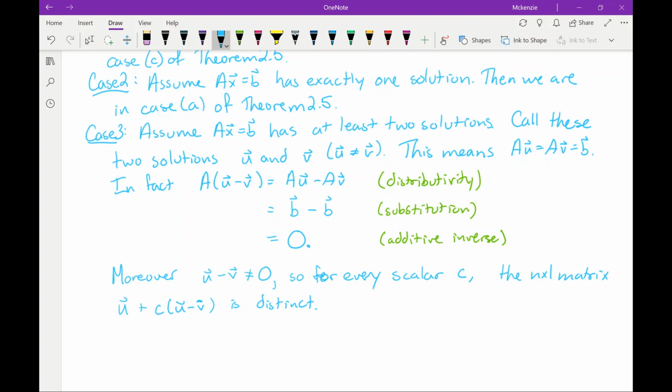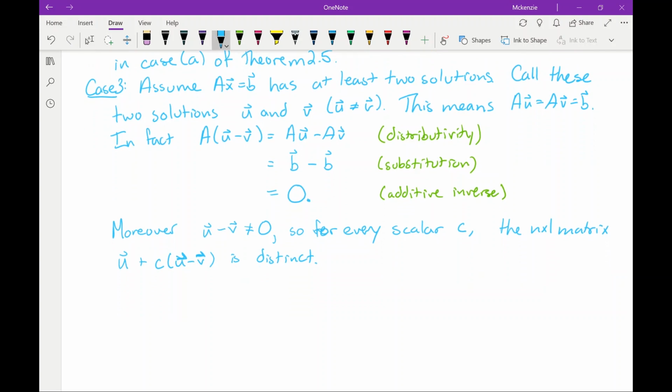Since we're not adding 0, we're always going to get something different. Okay. So let's then notice, again, we're trying to find infinitely many solutions to Ax equals b. So I've just written down an infinite number of vectors here.